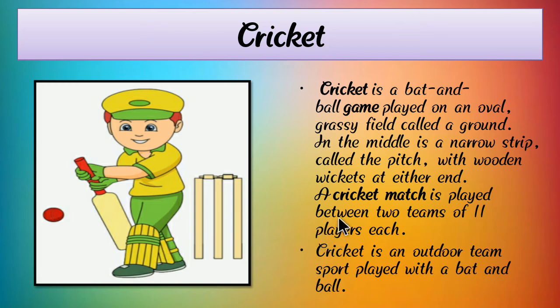A cricket match is played between two teams of 11 players each. Cricket is an outdoor team sport played with a bat and ball. We use a bat, a ball and a stump, and we play outside our house or on a grassy ground.